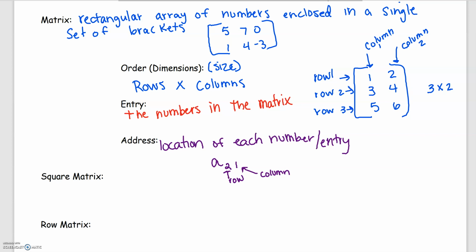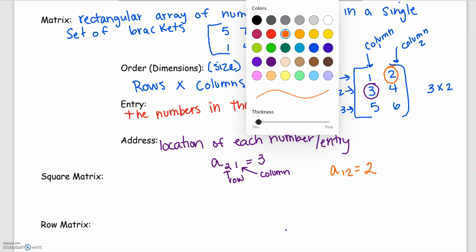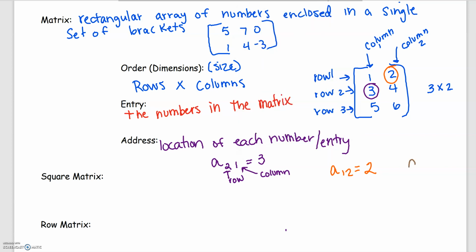So for this example right here, row 2, column 1, 3. If I had A 1,2, then I would go row 1, column 2. And if it asked for A 2,4, column 4 we don't have, so it's not able to find that because there isn't a 4th column.